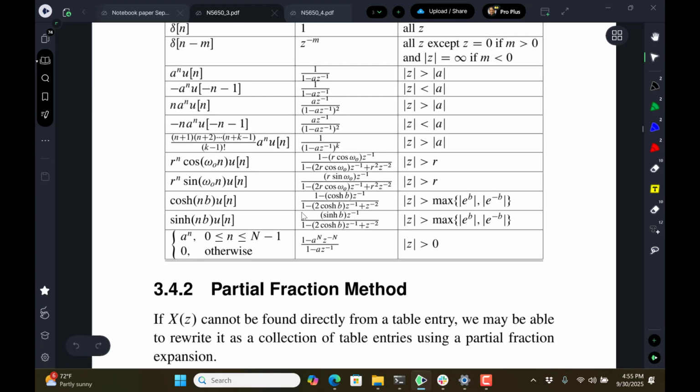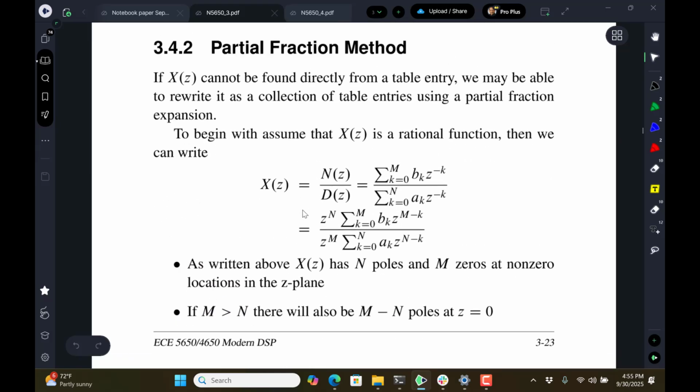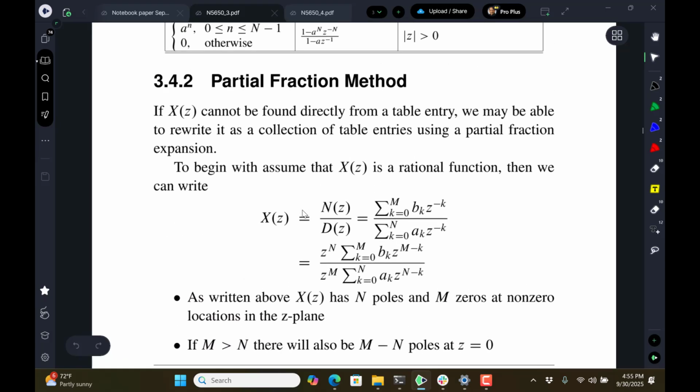Pretty obvious from those, and then extensions of those perhaps. The others are a little bit more complicated. So when you have a composite, a ratio of polynomials in numerator and denominator, then you have to go after the partial fraction technique to break it down into terms. And we'll start with a generic numerator over denominator where the order in the numerator is m and the order in the denominator is n.